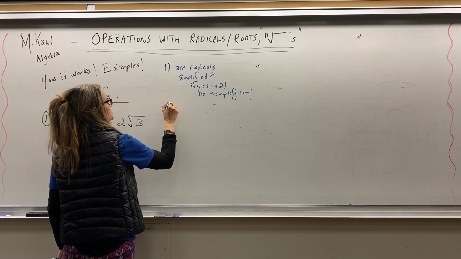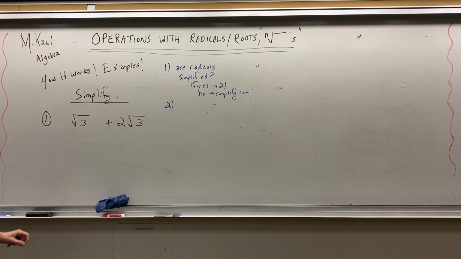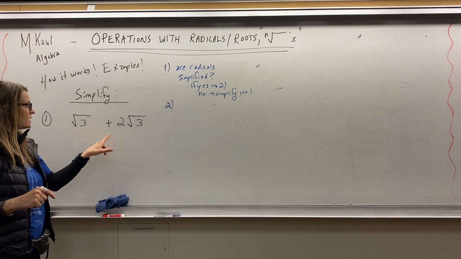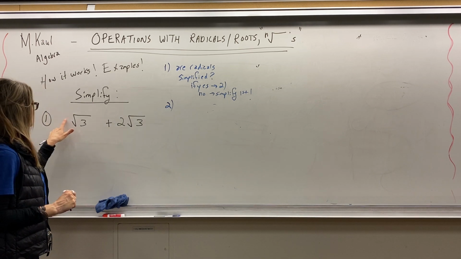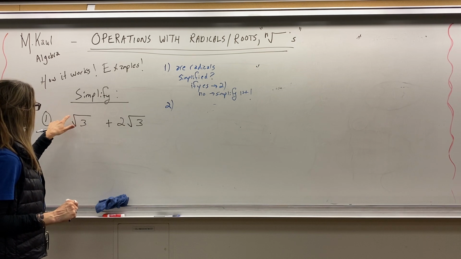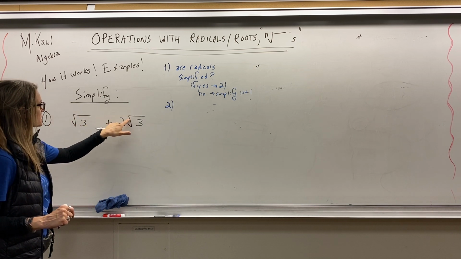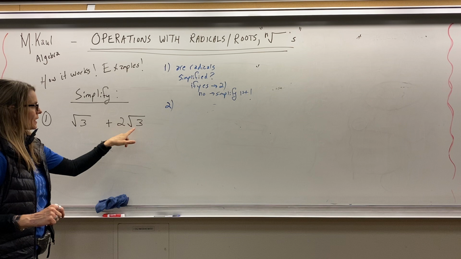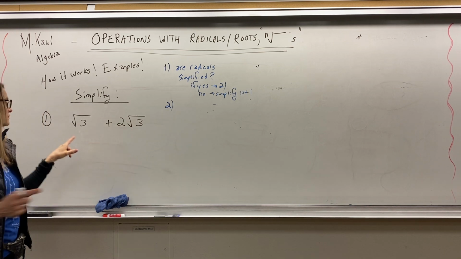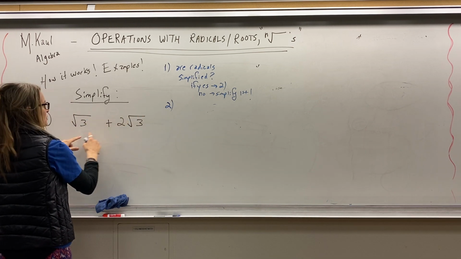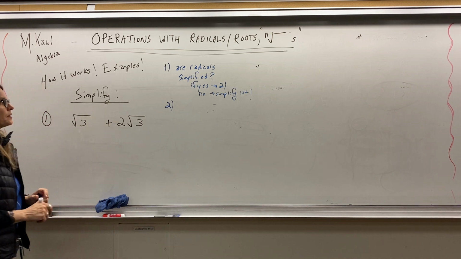Okay, number 2, look for any like terms. Look at all the index numbers. So there's an understood 2 here. Look at the index number, look at the radicand and the radicand. And that means if they're exactly identical, these parts are exactly identical, we could add them.